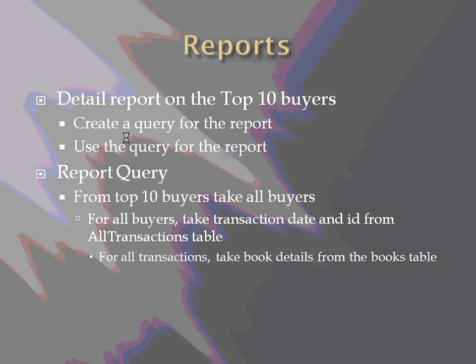And it can be some transaction related data entry when someone lends a book or when someone returns a book. Those belong to forms. And reports are just some statistical information. So after 10 months you can check what the top 10 buyers are or which books are the best sellers. So those things come into reports.